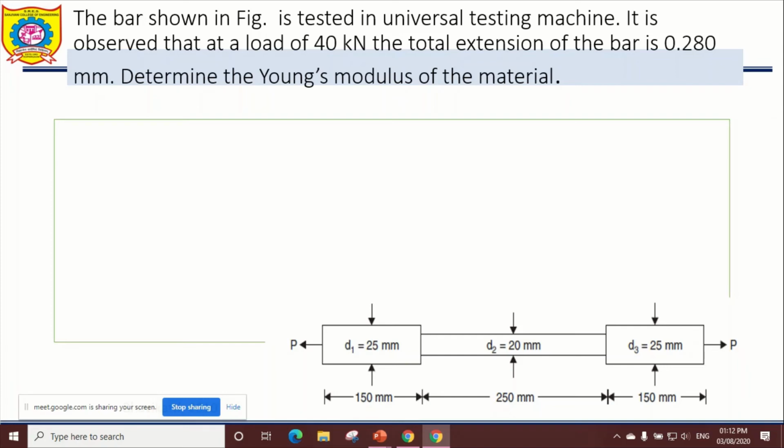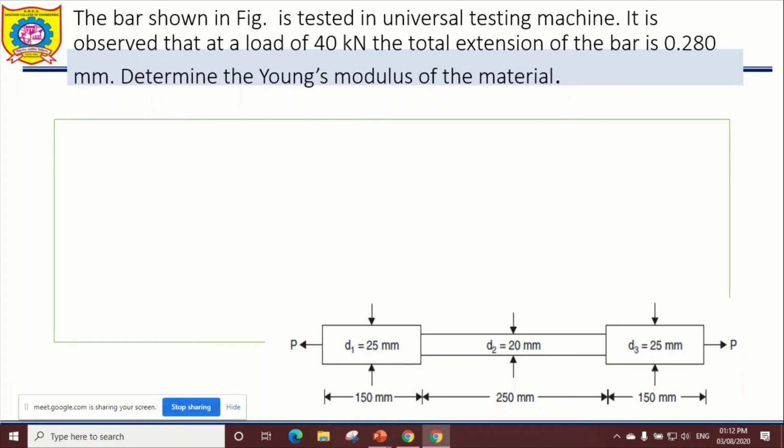Here in this case, the total extension, delta L value, is given, and we have to find out the Young's modulus value. So the reverse case is given. From the total delta L, we have to find out the Young's modulus.